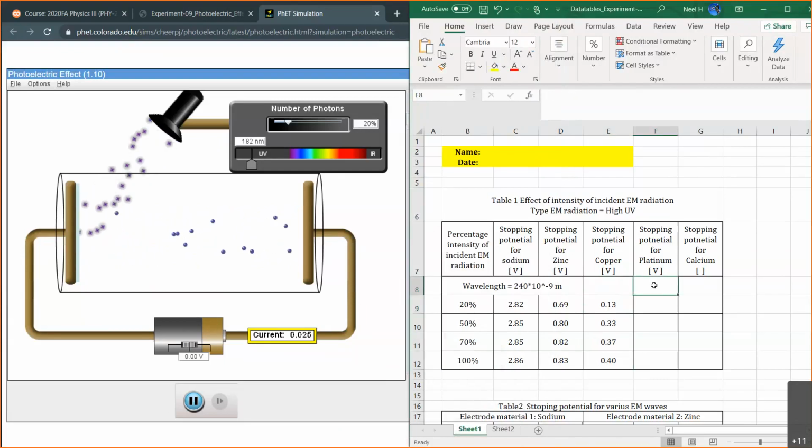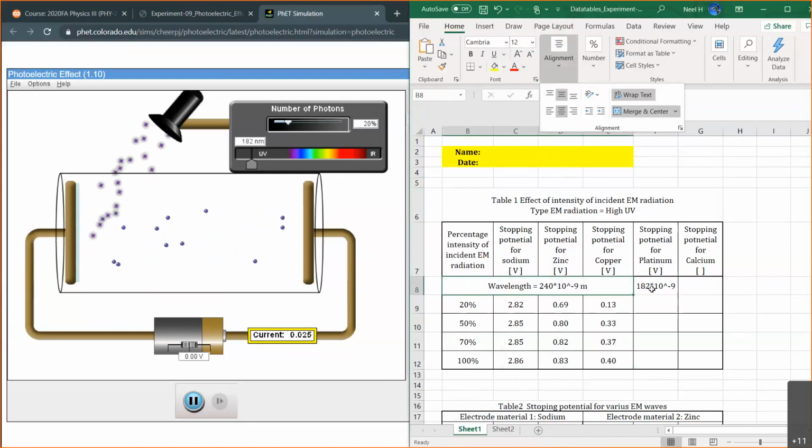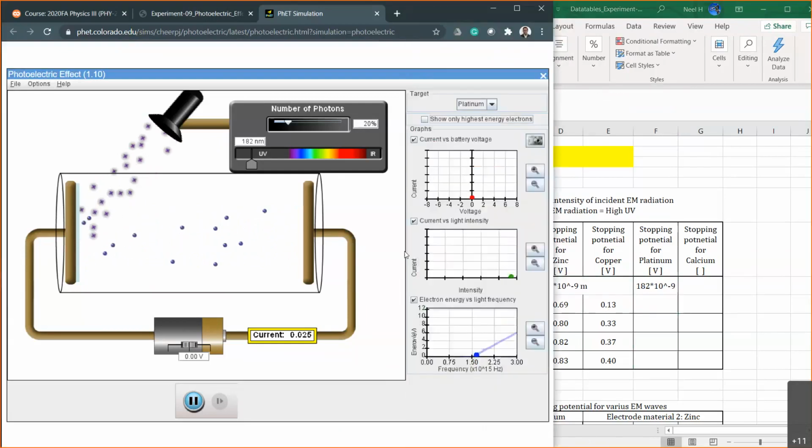From the platinum, I need a different number, right? 182 times 10 to the power minus 9. Okay, up to copper, we are fine. Okay, let's try with platinum now. 20 percent. I think it should be only a very low voltage. Let's try with maybe 0.2 negative.